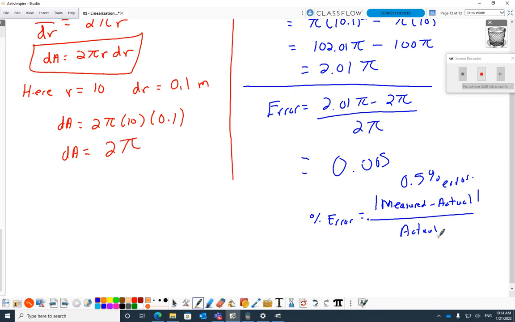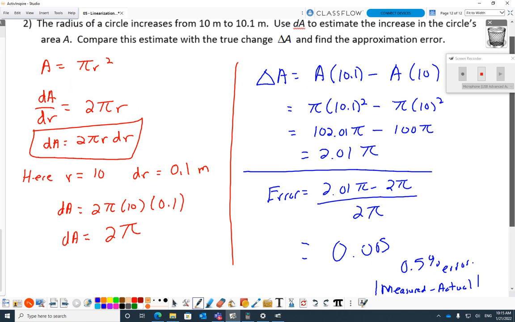Is being 1 mole, or sorry, 1 gram off a lot? I don't know. It depends on what you're measuring. Maybe 1 gram's a lot. Maybe 1 gram's meaningless. But if our actual is 2.01, then wouldn't we divide by 2.01? Like, how come 2 pi is our actual? Oh, good point. Because that's the one we came up with. Yeah, the actual dA was 2.01.